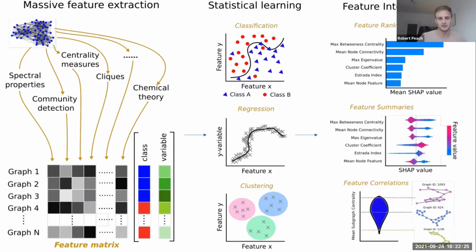These are just standard statistical learning methods. I think as default, we've used the XGBoost algorithm for classification, and similarly for regression. For clustering, I don't actually remember which method we have as default here, but I should have checked that beforehand.